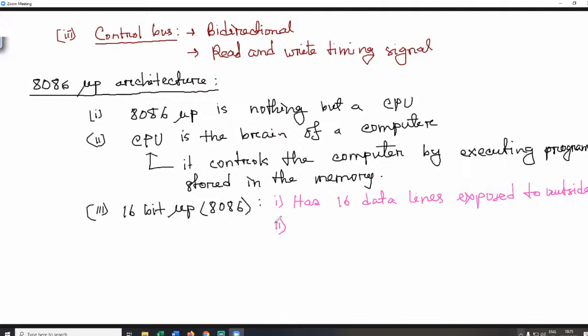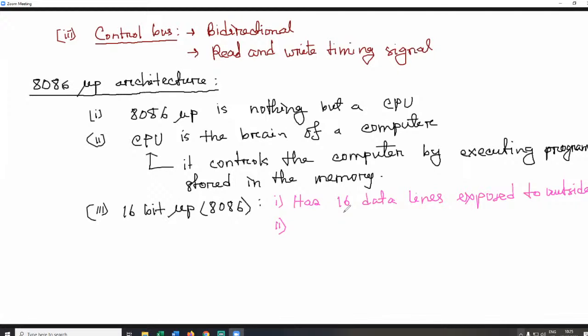If someone asks about 32-bit, then it has 32 data lines exposed to outside. What about 64-bit? It has 64 data lines exposed to outside. Data lines are the buses through which data can transmit. And what is the other point?